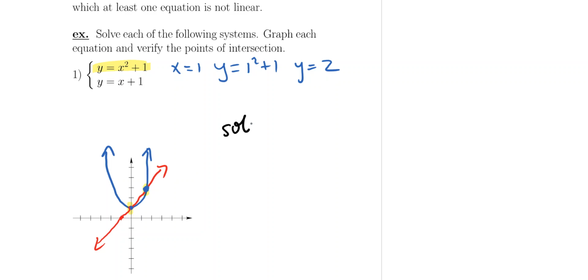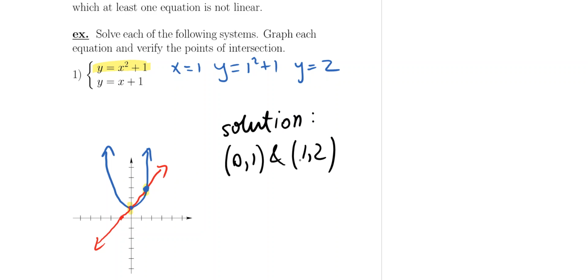So the solutions are the two points of intersection, the point 0, 1, and then the point 1, 2. Okay, so it's this point and then that point.